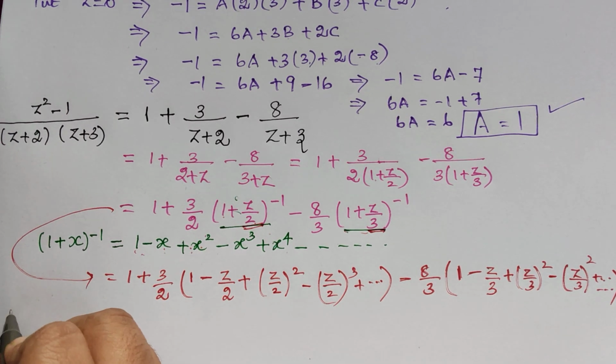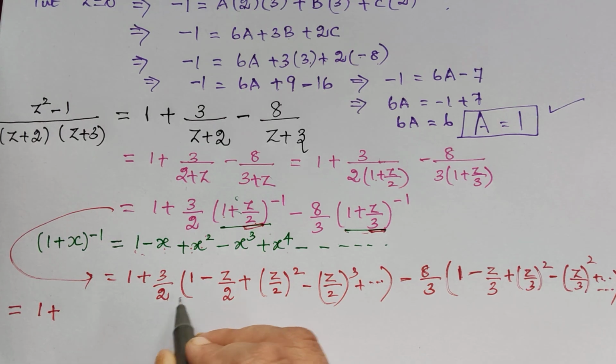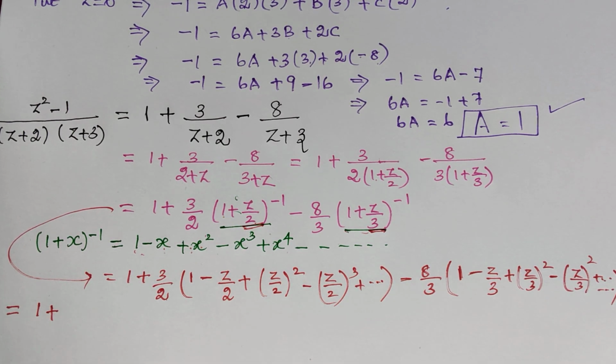Now we can simplify this as 1 plus this 3 by 2, which we will multiply inside to each of the terms.